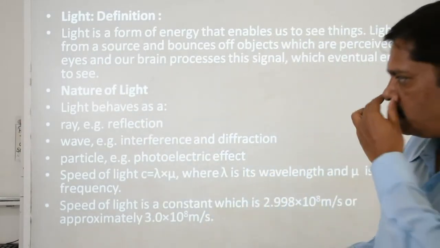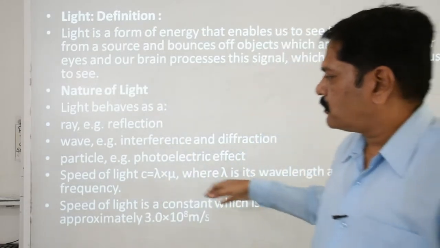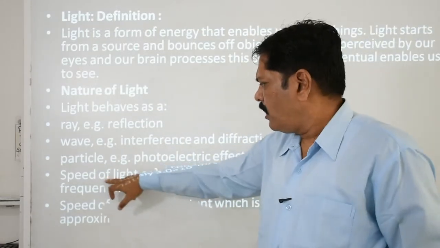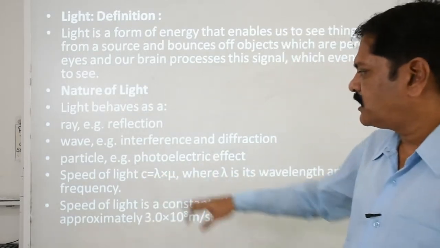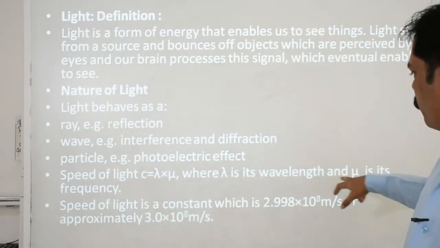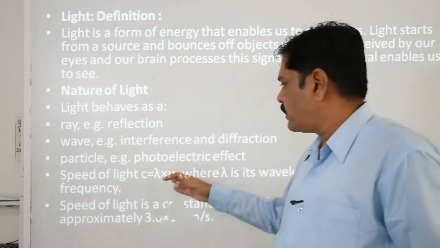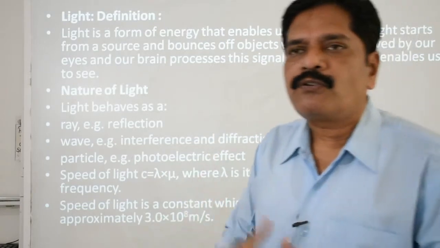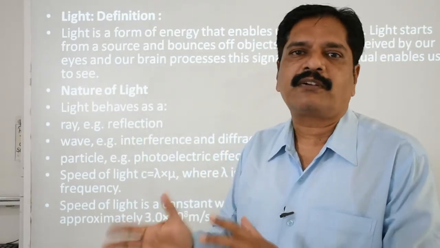Now here we are also going to learn about the speed of light. The speed of light c is lambda into mu. Here lambda is the wavelength, and mu is the frequency. For monochromatic light, different monochromatic light will have different wavelengths.